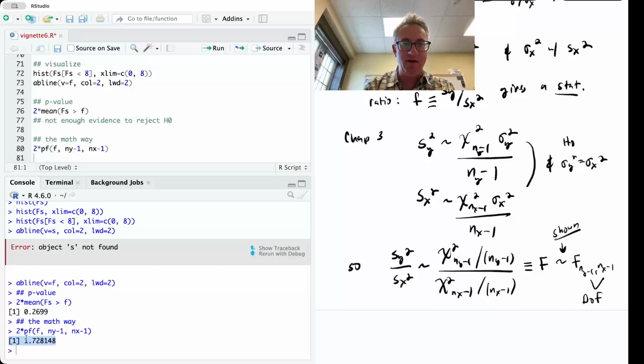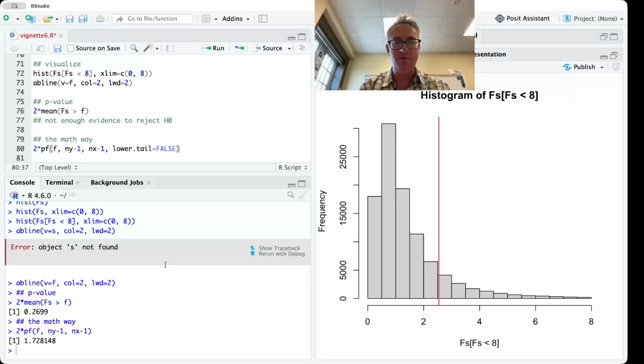Anytime you get a p-value is supposed to be a probability, so if you're getting a number bigger than 1, you're doing it wrong. So I know I did something wrong here. I have to tell it lower tail equals false, because I can see in my histogram, which I'll put back up there, I can see that my statistic is in the right tail. So I need to do my integration into the right tail.